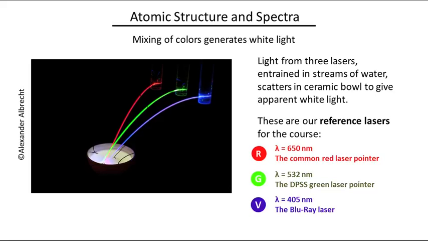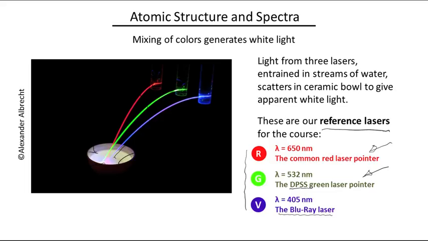Now I use this illustration in part to introduce the three reference lasers that we'll use for discussions during the course. These are three commonly used laser lights that you've seen in practice. For example, the red laser pointer with a wavelength of 650 nanometers is widely used in lectures and presentations, as is the green laser pointer, the diode pumped solid state green laser pointer with a wavelength of 532 nanometers, and then the Blu-ray laser player utilizes a violet laser with a wavelength of 405 nanometers.